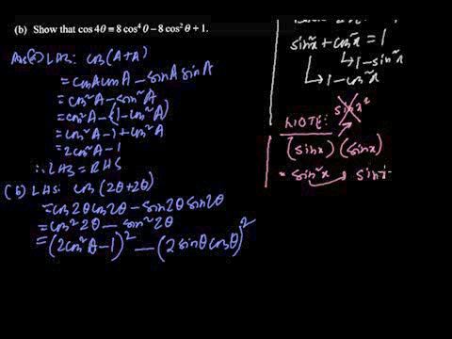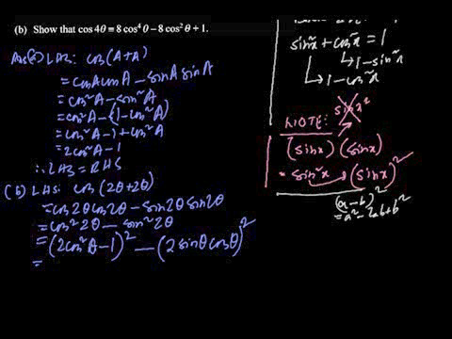So here we can use the algebra of (a minus b) whole squared. The basic algebra rule goes like this: (a minus b) whole squared is a squared minus 2ab plus b squared. So this algebraic concept can be used.